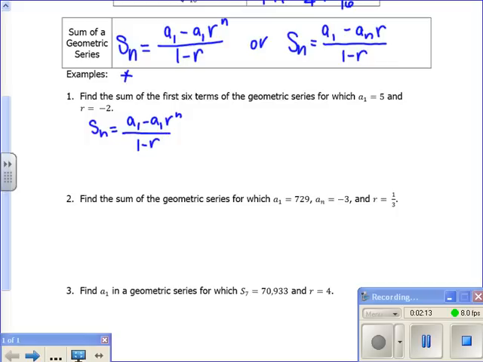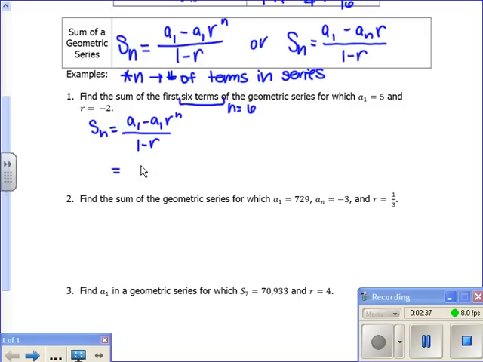Now remember, the n in all of these is the number of terms in the series. So because we are finding the first 6 terms, our n is 6. Okay, just something to keep in mind.